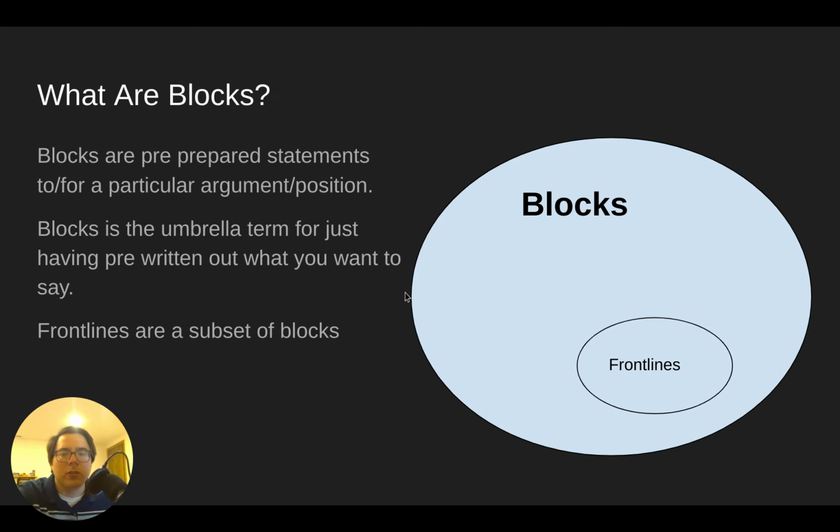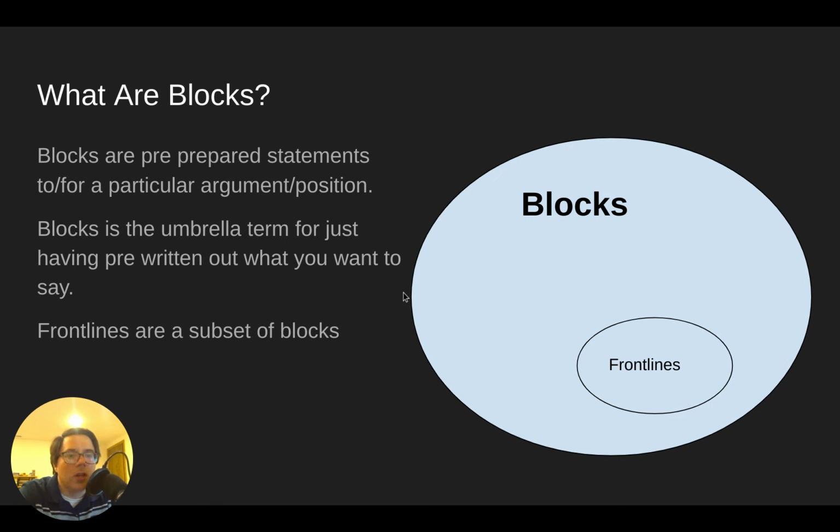So, first, we will look at what blocks are. Blocks are pre-prepared statements for a particular argument or position. Blocks are an umbrella term for just having pre-written out what you want to say. Front lines are kind of a synonym for blocks.